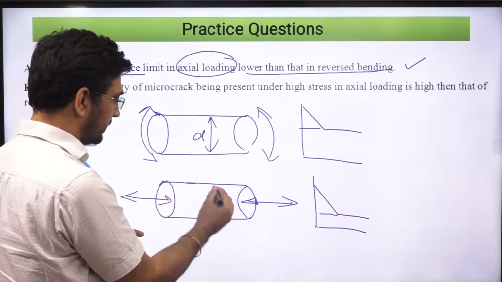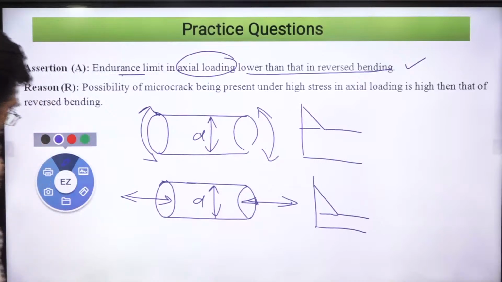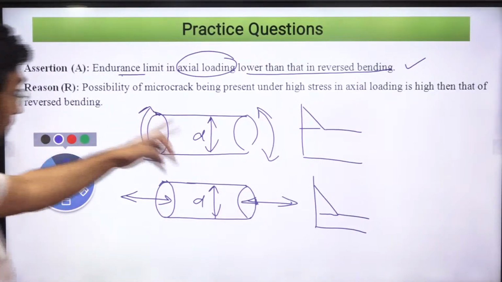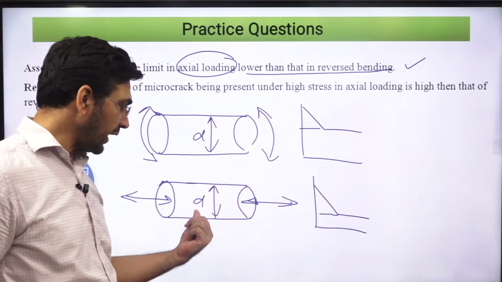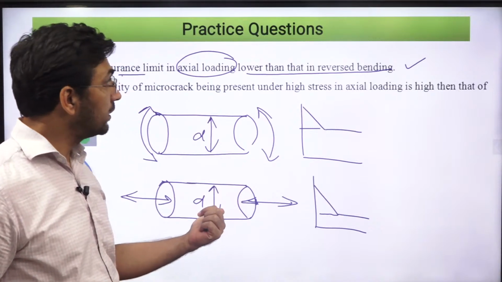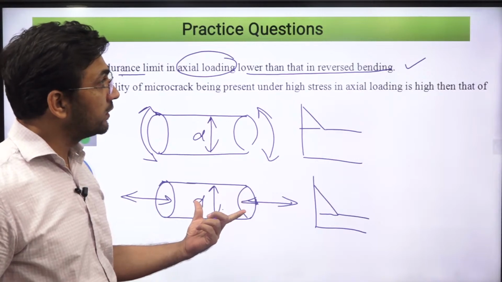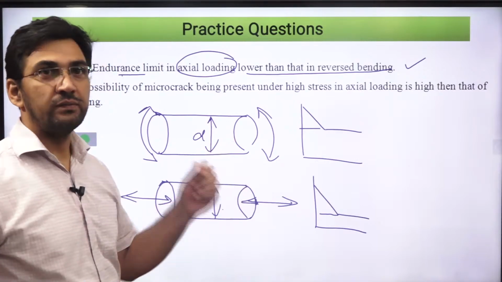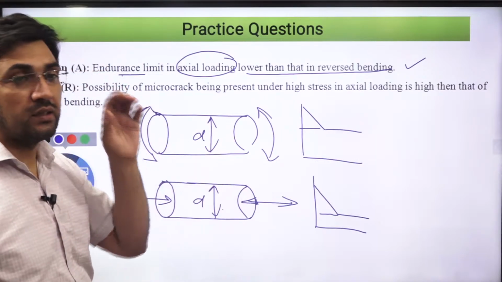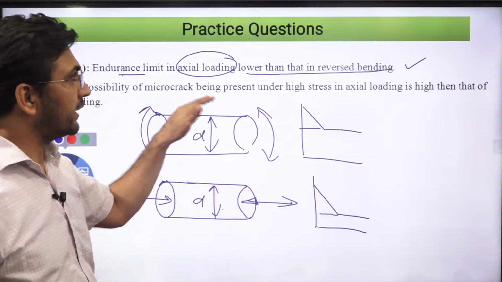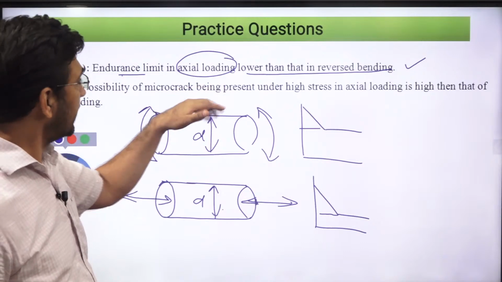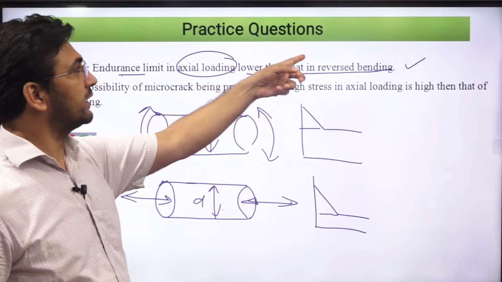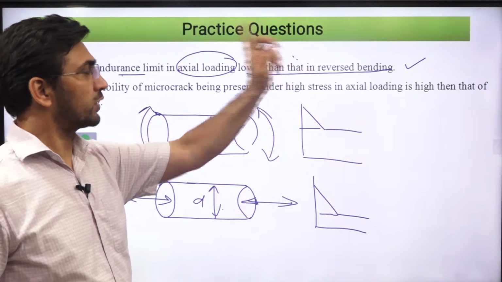If I am taking diameter, the diameter is the same. So if the size is the same and everything is the same, then he says the possibility of micro crack being present under high stresses in axial loading is higher compared to this one. Basically, this statement is also correct. And since it is correct, it is also correctly explaining the logic for the first one.